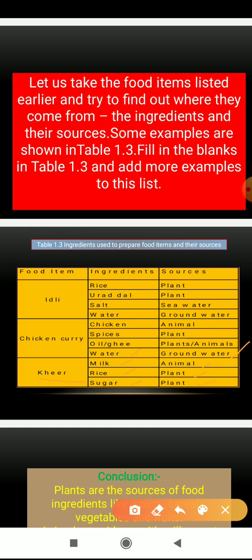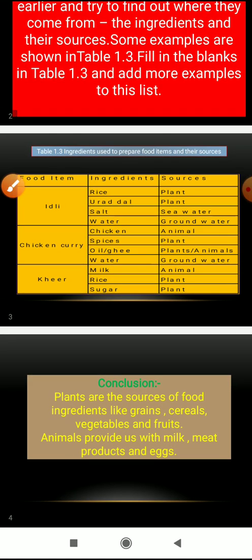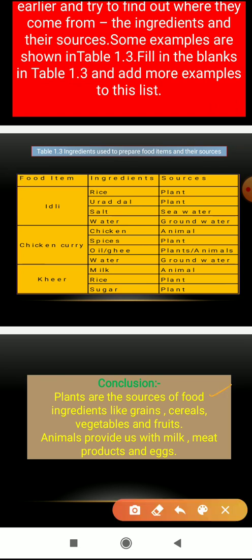After completing activity 3, what do we conclude from it? Plants are the sources of food ingredients like grains and cereals. Grains and cereals include wheat, rice, maize and pulses.